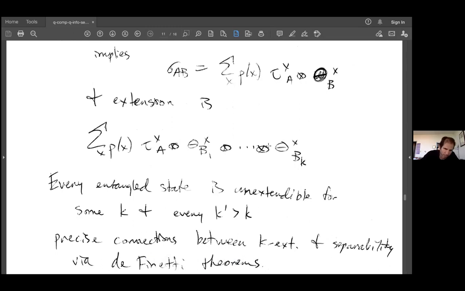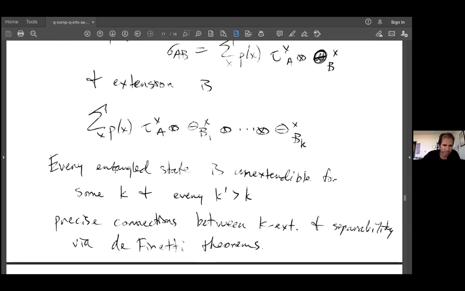And then a stronger link is that it's possible to prove that every entangled state is unextendable for some K, and then for every K prime larger than that K, it's also unextendable. Okay, and so you have this hierarchy where you have the two extendable states, that contains the three extendable states, contains the four extendable, all the way to K infinity.